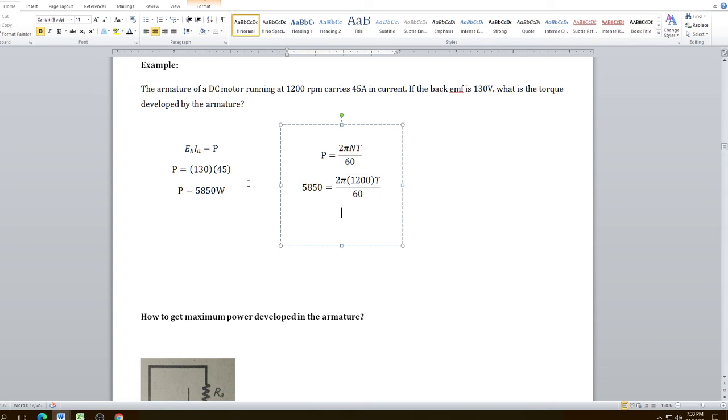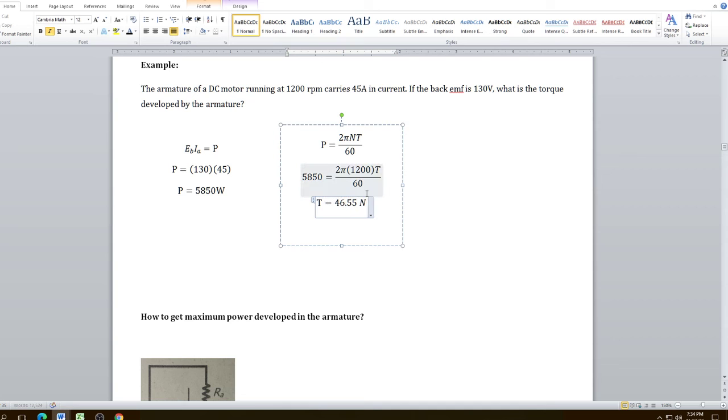So T is equal to 5850 times 60 over 2 pi times 1200, which is 46.55.